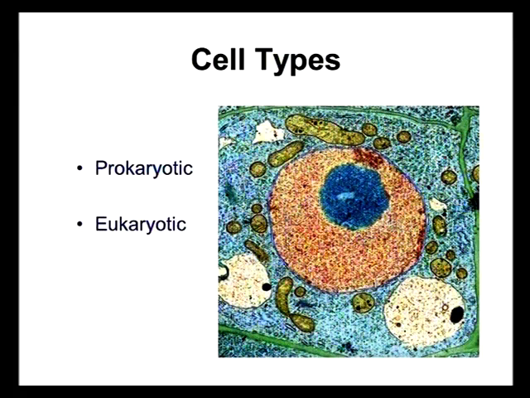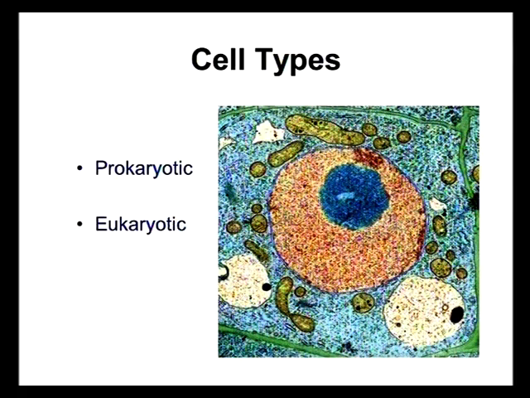Next, cell types. How many types of cells are there? Prokaryotic and eukaryotic. What is the difference between prokaryotic and eukaryotic? Cells which do not contain a nuclear membrane we call prokaryotic cells.